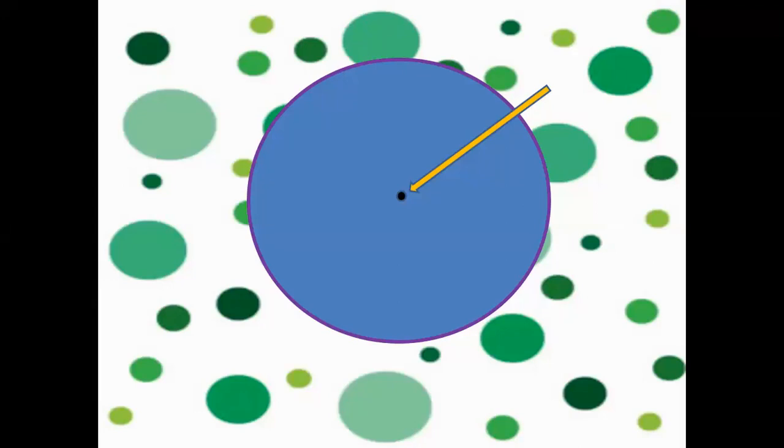What part of the circle is the arrow pointing to? Okay, it's the center. Can someone define the center? What is the definition of the term center?